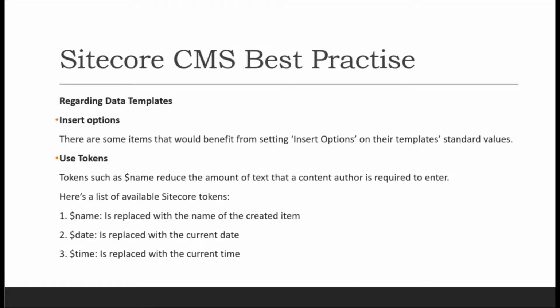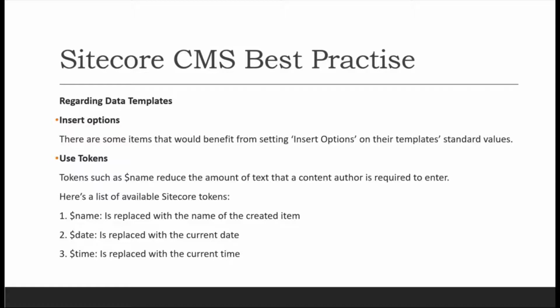Regarding the data template, there is an insert option in the template. In the standard values, you can assign the insert options. For example, you have a data page template called home. When you create the home content item, you want the child item to be a child home.